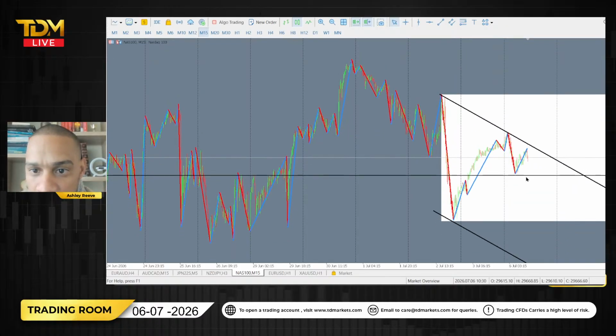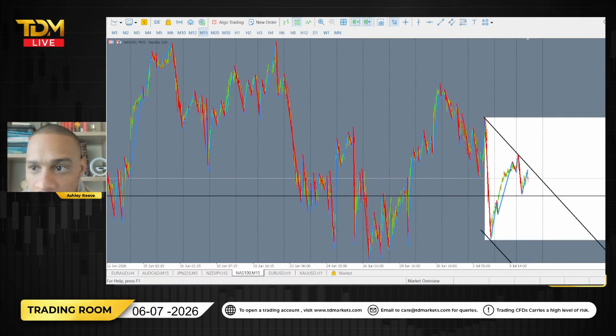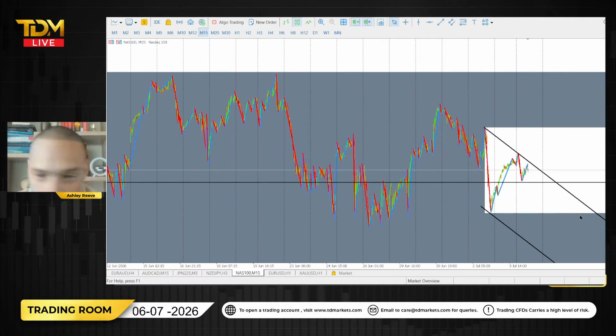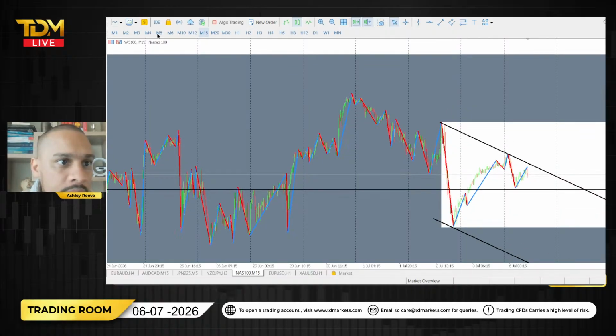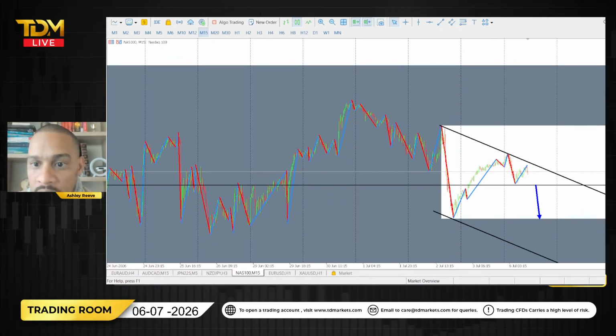Granted that we're seeing a stronger dollar, we could be coming down here only till this area. We're not even looking at the gray zone. We're looking at possible intraday movement from, let me just get my arrow here, from there to there. That's it. So let's see what happens.